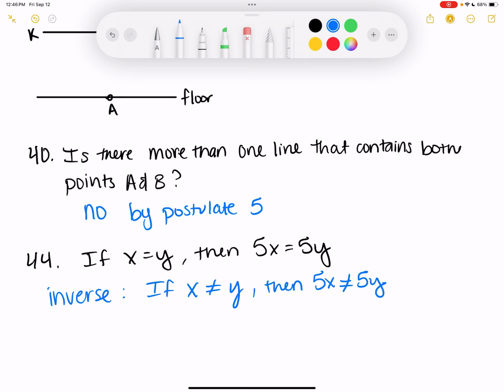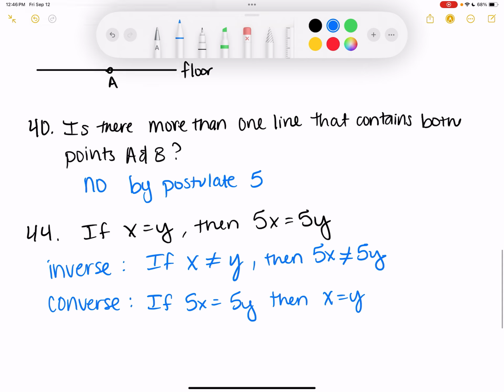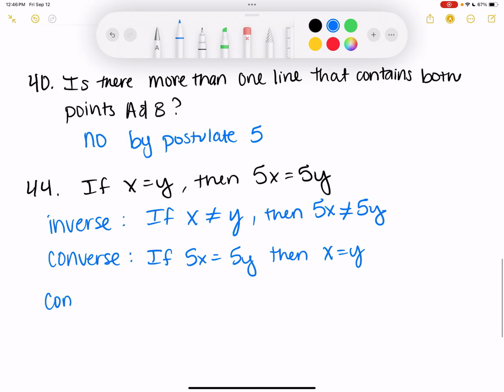Anybody know what the converse would be? If 5x is equal to 5y, then x equals y. Yep. If 5x equals 5y, then x equals y. How about the contrapositive? That's the inverse of the converse.